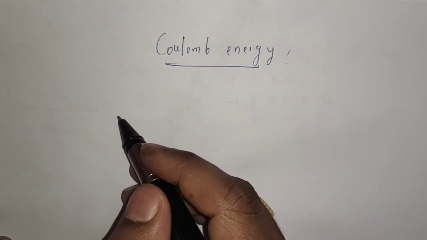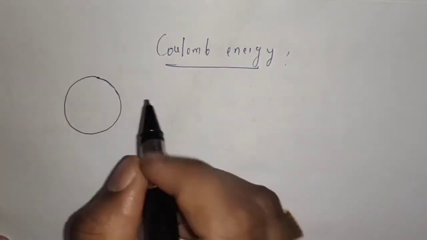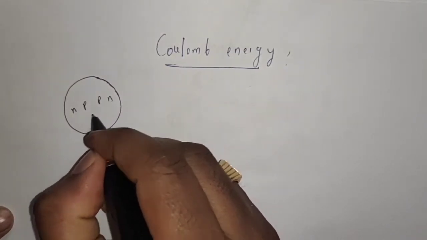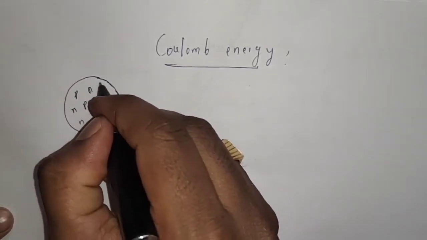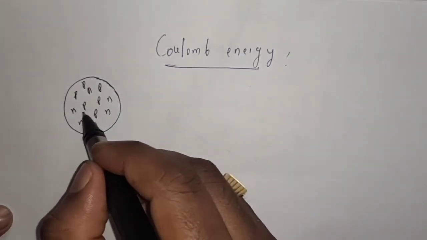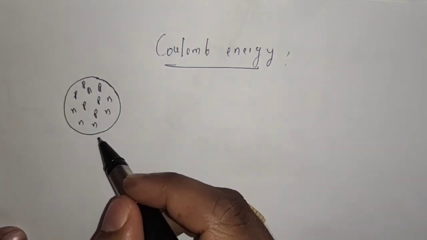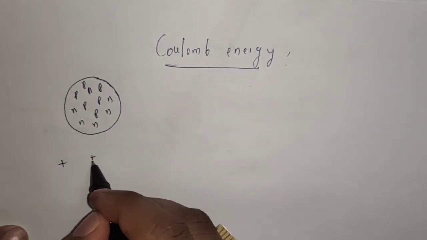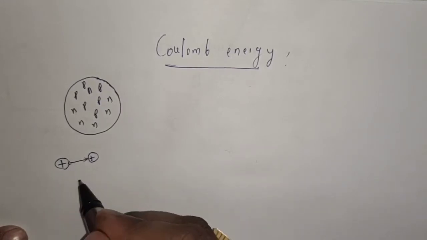Okay, we all know that if you consider a nucleus, this nucleus consists of protons and neutrons, and each proton has a positive charge. We also know from electrostatics that two positive charges repel each other.